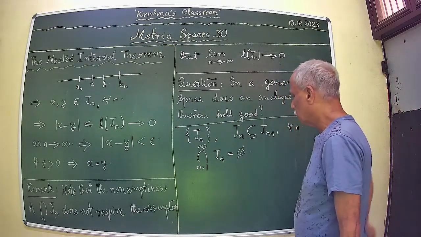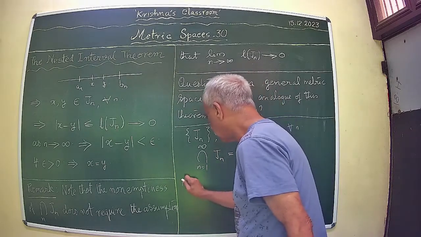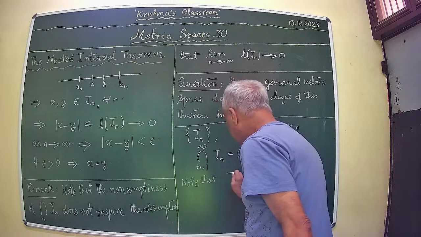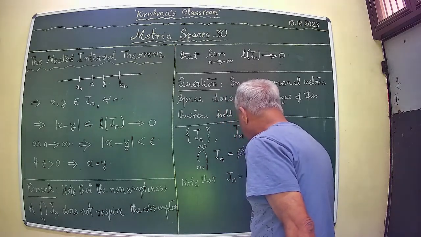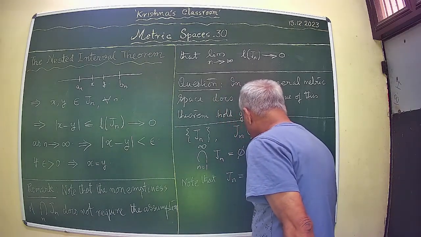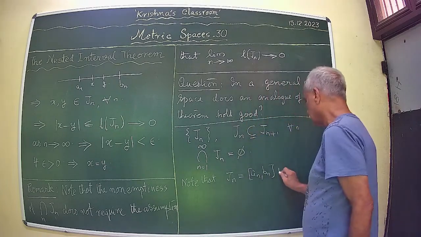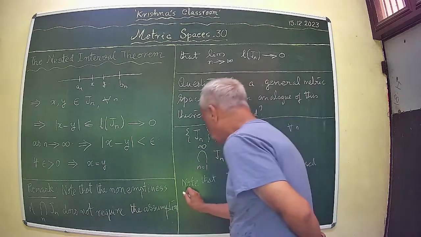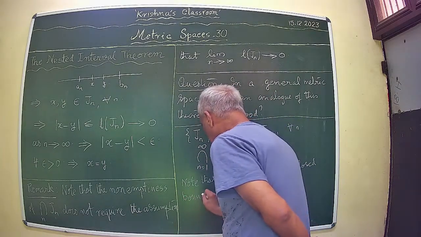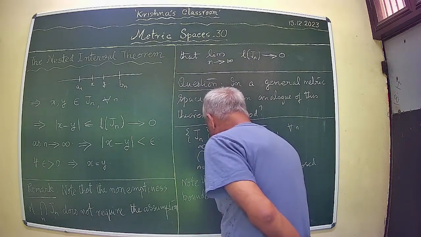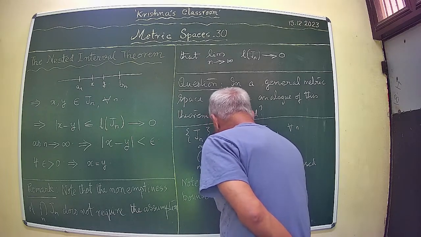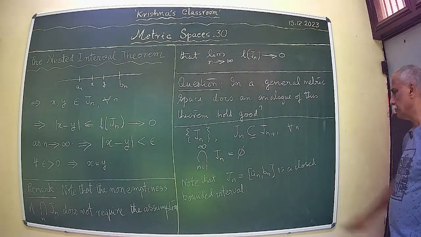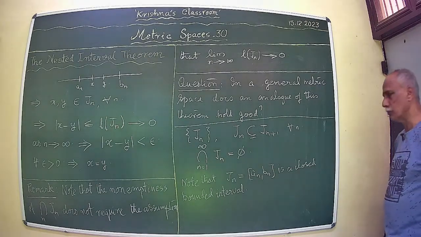Okay. So note that Jn is the closed bounded interval An, Bn. Now you see that if you drop this, the theorem won't be valid.